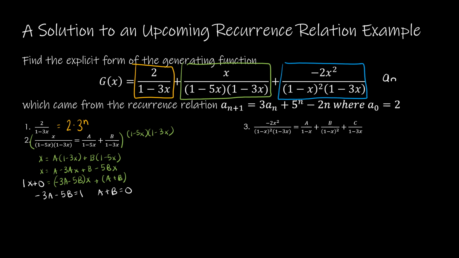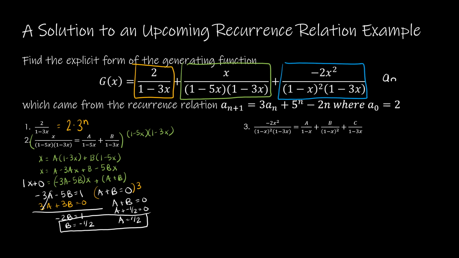I'm going to choose to take this equation all multiplied by 3, so I'm going to get 3a plus 3b equals 0. I'm going to solve that to find that negative 2b is equal to 1, so b is equal to negative 1/2. And if a plus b is equal to 0, then a plus negative 1/2 is equal to 0, so a is equal to 1/2.